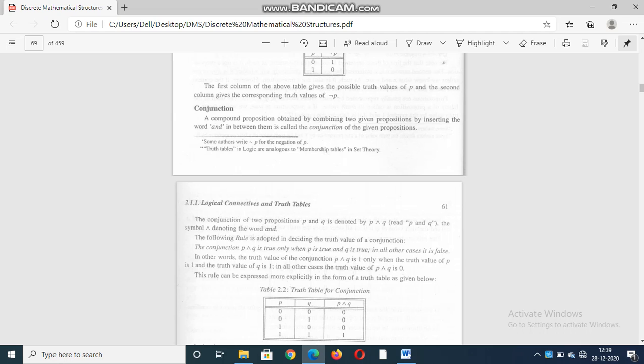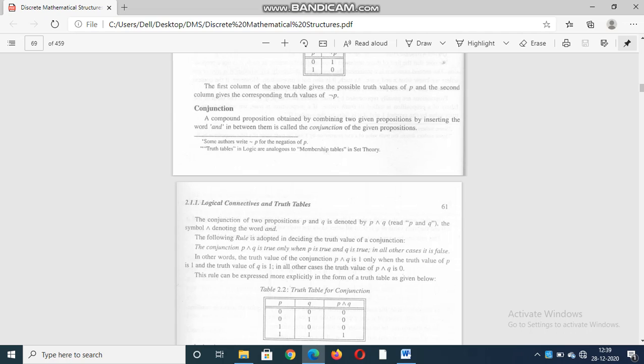Fail means 0, pass means 1. So if we combine P and Q, we can see 4 types of conditions. First condition, both should be in 0 state. Next, Q should be in 1 state and P should be in 0 state. The next is P should be in 1 state and Q should be in 0 state. And P and Q both should be in 1 state.